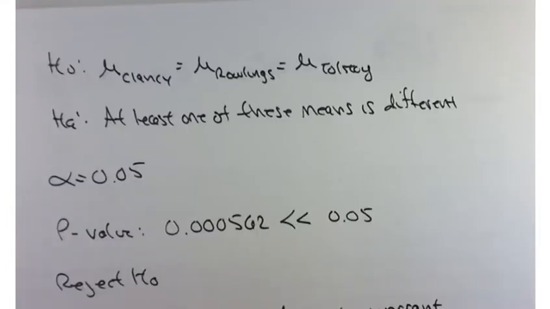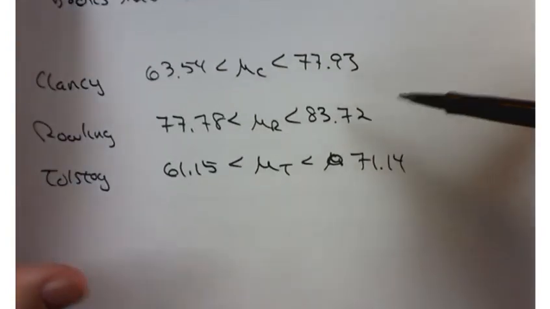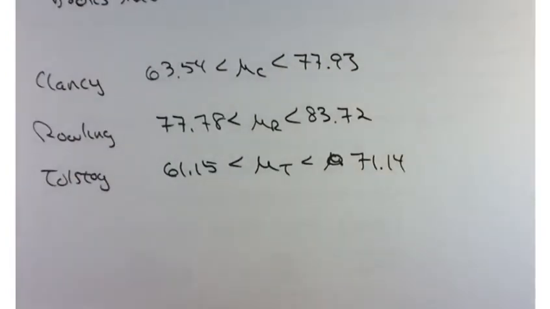Yes, sir. Max. If there is like a tiny overlap between all three, would you then not be able to reject them? You wouldn't be able to exactly do what I did here and make that conclusion. So basing your conclusion off of the confidence intervals the way we did it wouldn't be right.